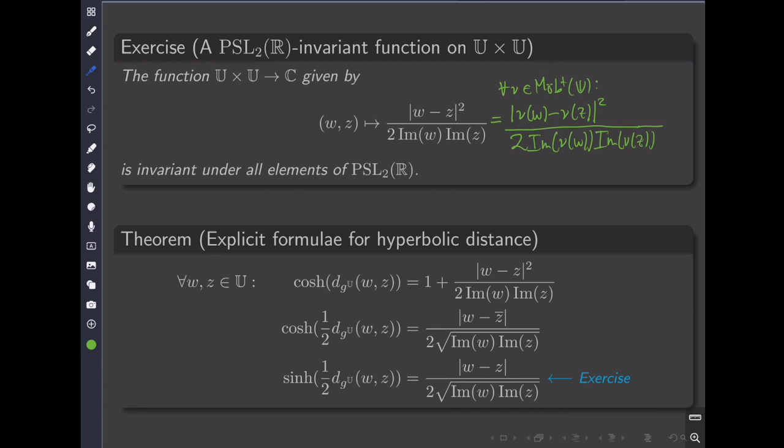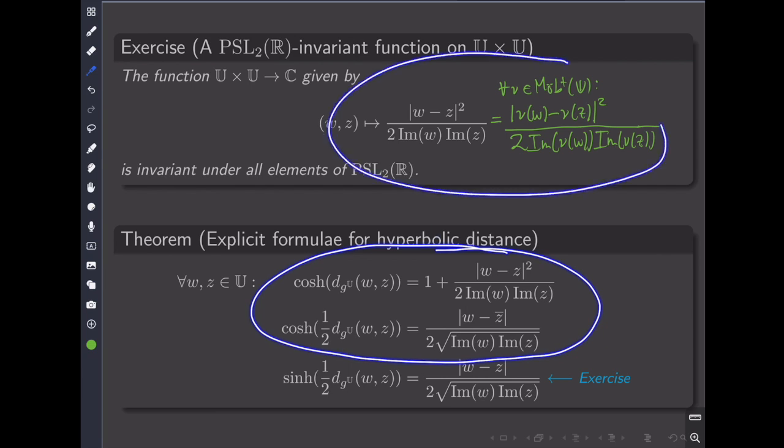Okay, so let's see quickly how to prove these. I'm going to leave this as an exercise, and then let's see how these 2 are proved, assuming this exercise as a given.